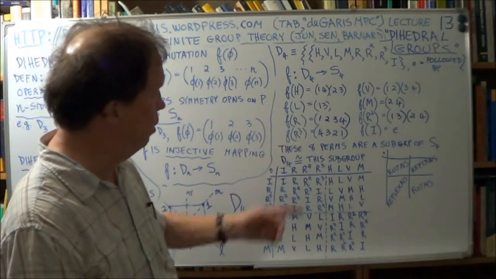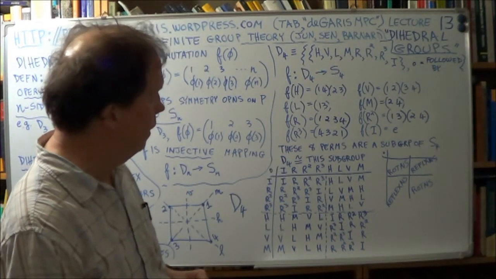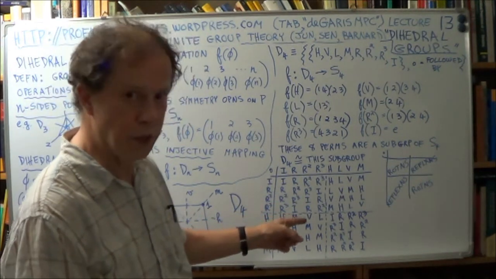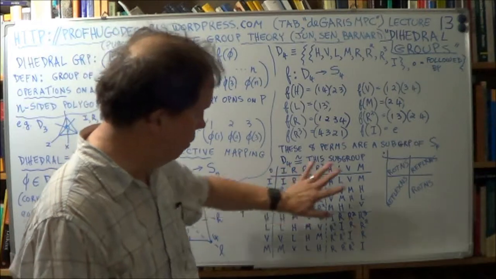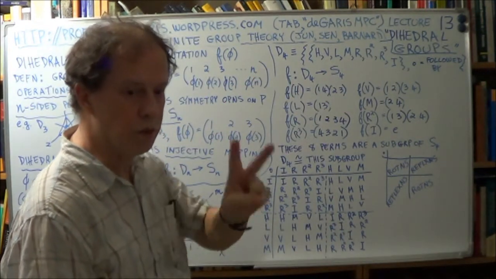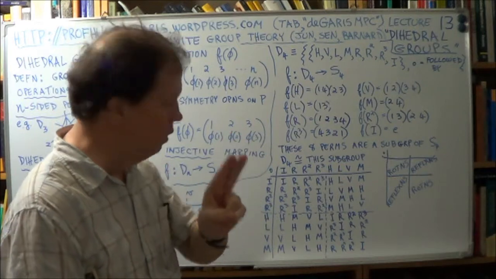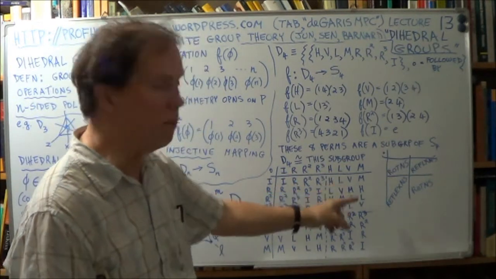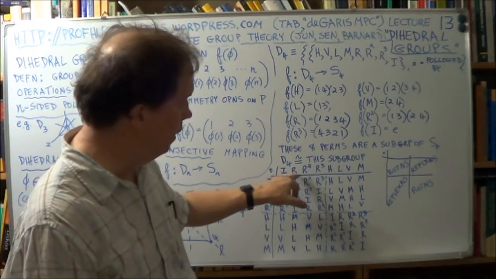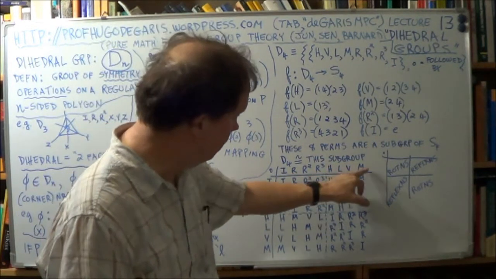Right, I've run out of board, so I'll stop here, and in the next session I will show you how to generate this group using just two generating members. In fact, one of them is this one, and the second one is one of those 4, it doesn't matter which one.